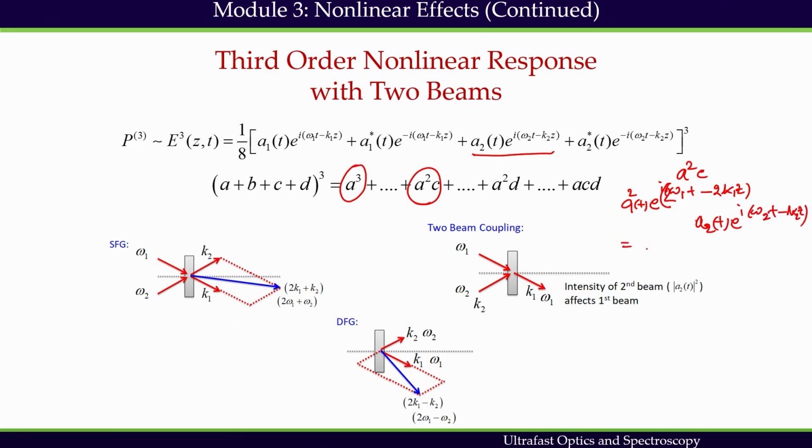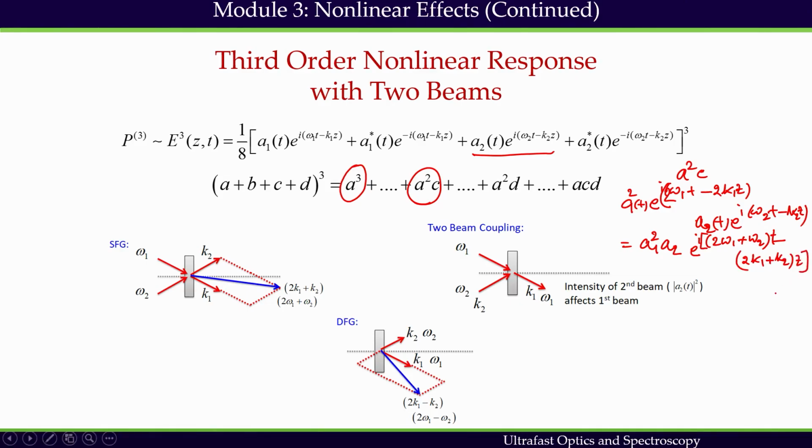If I simplify this, I get a1 square a2 e to the power i, (2 omega 1 plus omega 2) t minus (2k1 plus k2) z. This is the term we get.